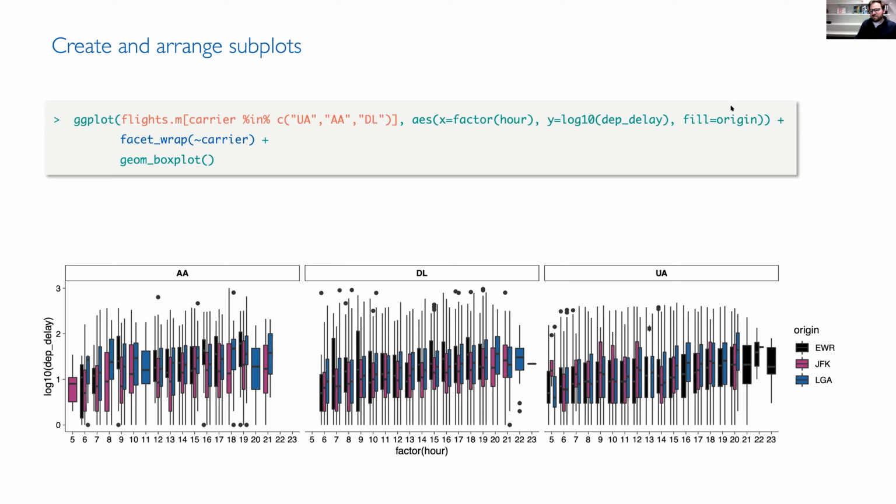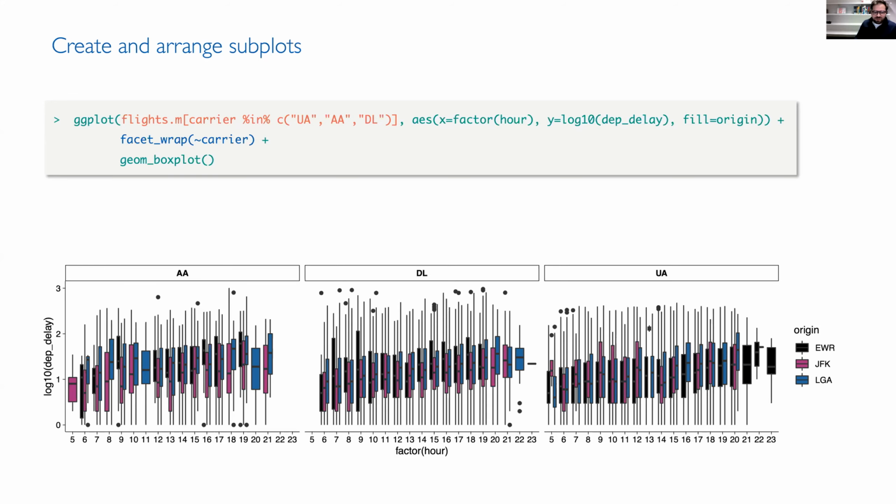The fill color is the origin airport, and I added here a subplot, that's called a facet, by carrier. If you remember from 2 lectures ago, this is a formula. We can use a formula in R to specify how plots are distributed across different subplots. And you can see that for Delta and United Airlines, you can nicely see how these delays add up during the day. And it looks a little bit even that this, let's have a look at the next slide, maybe.